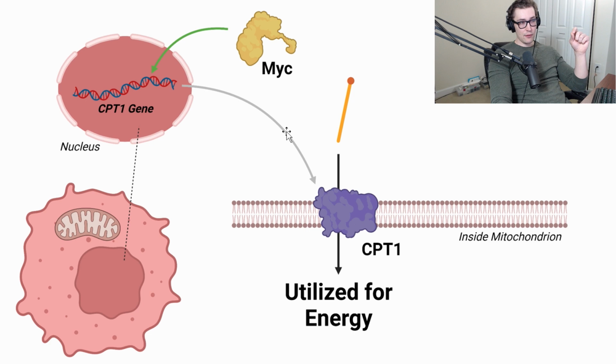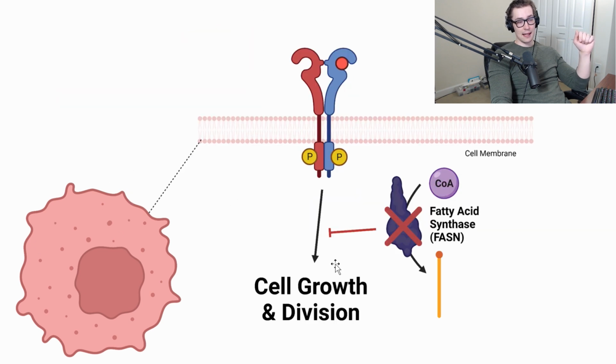So just like if you were to inhibit MYC in these other types of cancer cells that are more focused on the utilization of fat, or if you were to inhibit CPT1, suddenly these cancers suffer significantly. The same thing is true for another grouping of cancer cells where you inhibit the fatty acid synthase. It wasn't entirely clear how this fatty acid synthase interacts with all the different molecules, because there's a series of different molecules that get activated to lead to cell growth and division.